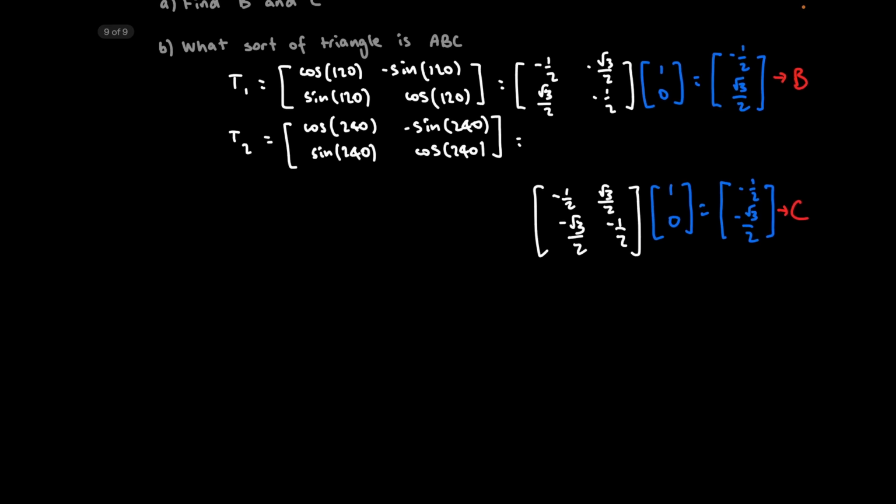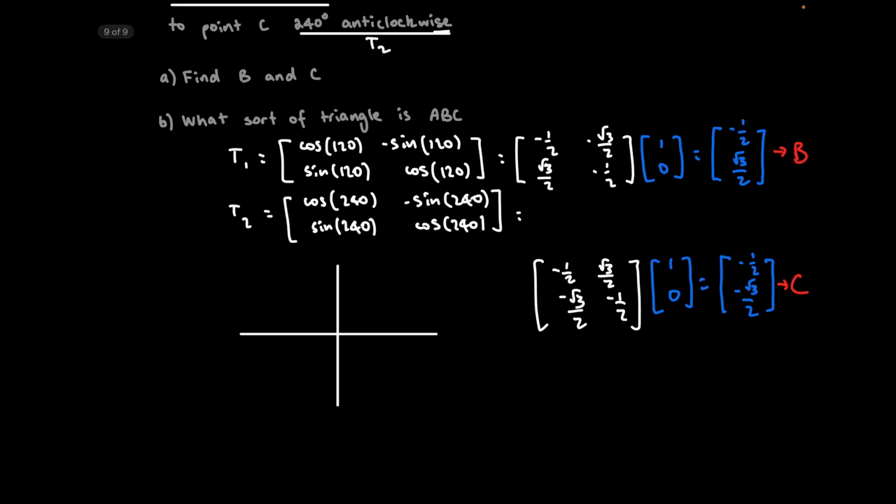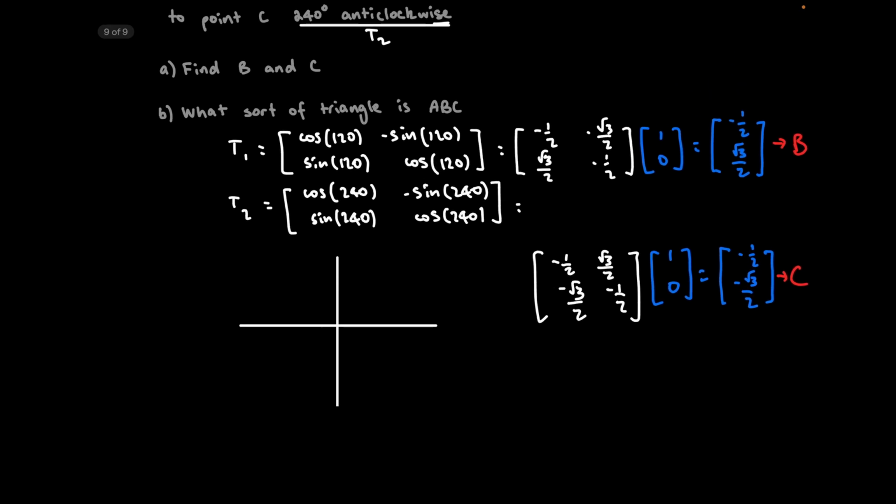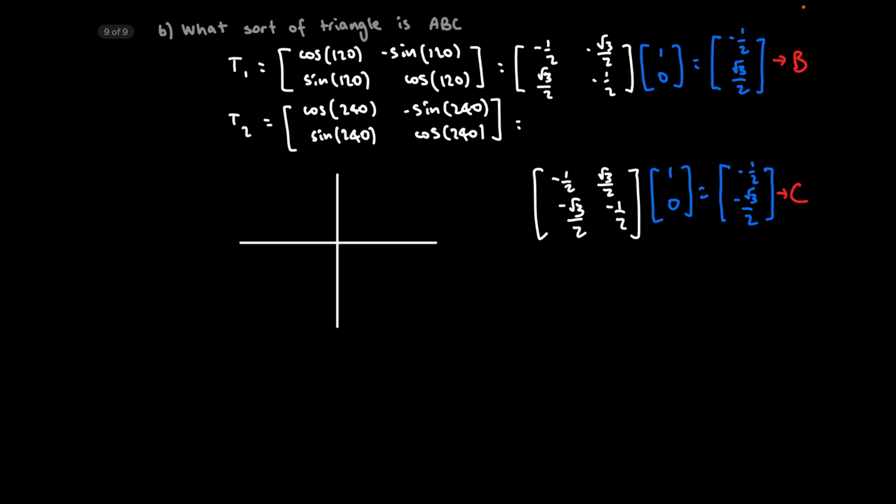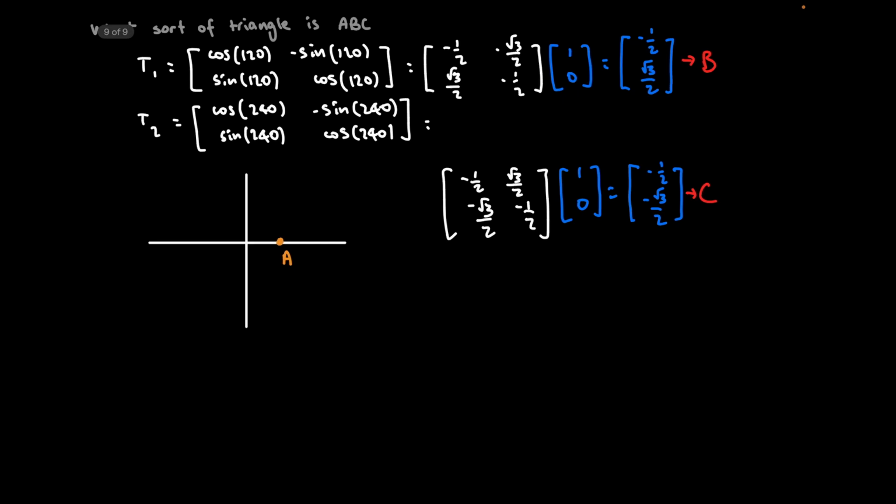Let us draw this triangle on a Cartesian plane. Point A is (1, 0), so it's roughly over here. Point B is (negative a half, root 3 on 2), so it's roughly over here.